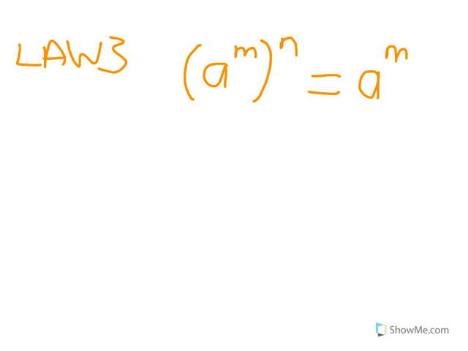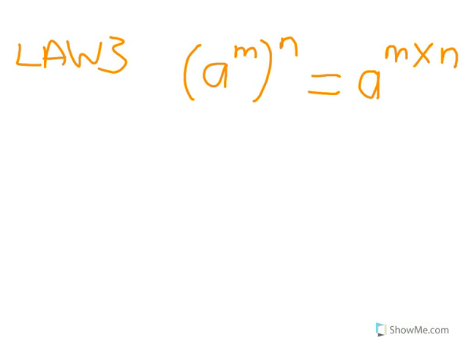Law 3 now says that a to the power of m in brackets to the power of n now equals a to the power of n times m.